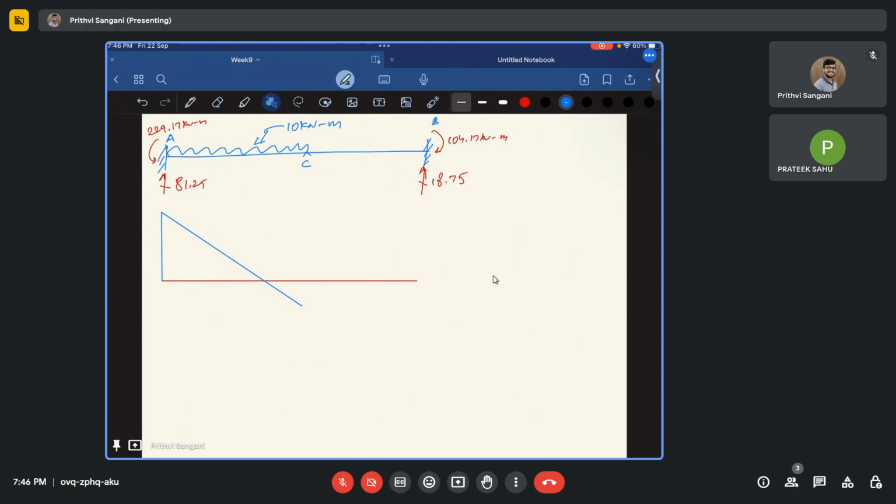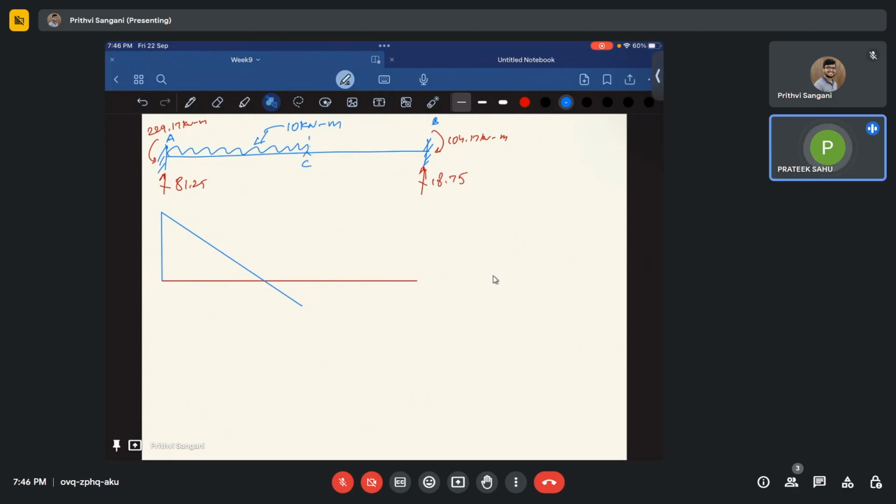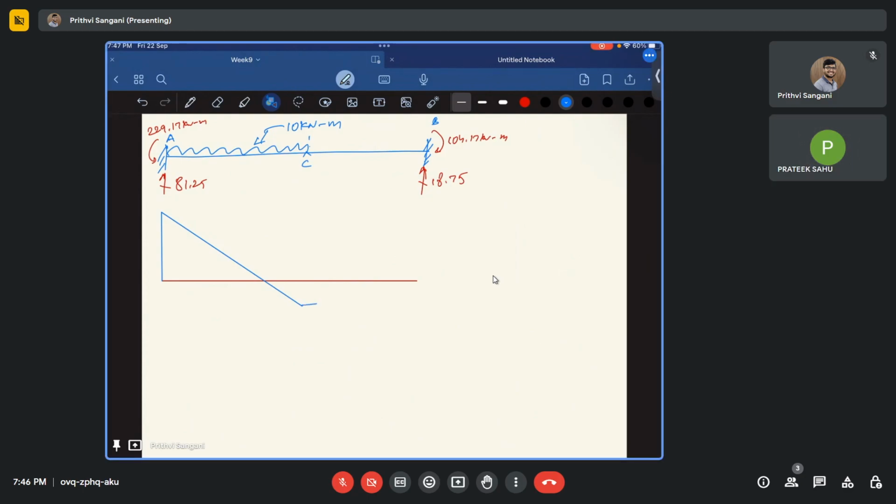In CB, do I have any extra shear force? Yes, in CB it is 18.75, so that is going to be constant, and again at support B it is going to be zero, just to the right of the support there's no shear force.